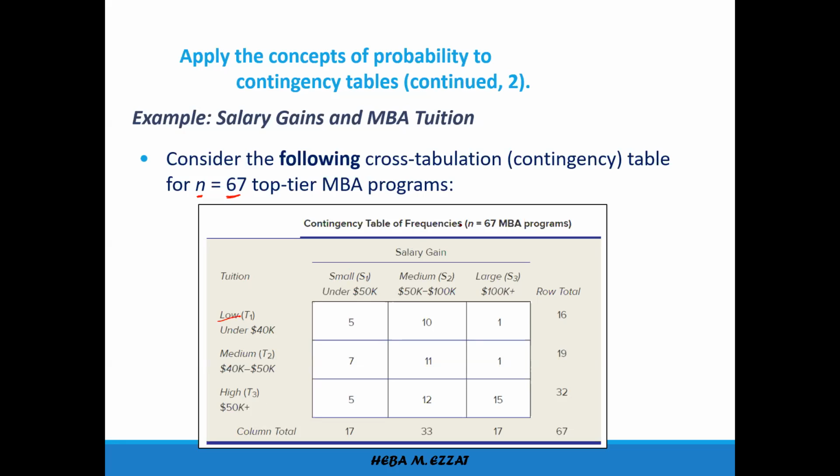And of course, the intersection between each column and row, as we've said, is called the cell. This cell would contain some frequency.